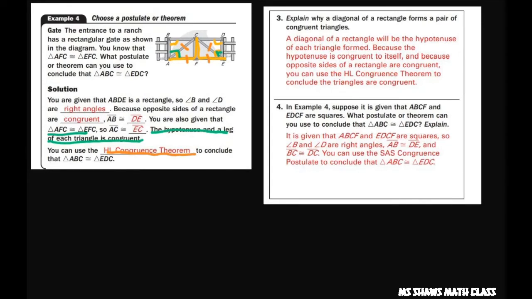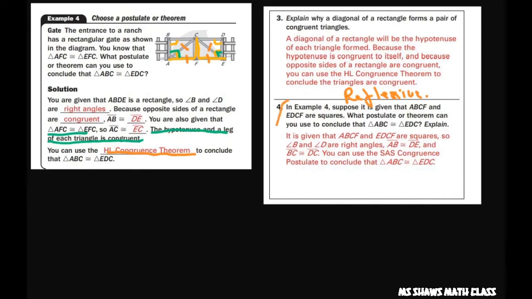Explain why the diagonal of a rectangle forms a pair of congruent triangles. The diagonal of a rectangle will be the hypotenuse of each triangle formed, because the hypotenuse is congruent to itself. That's kind of like the reflexive property. Because opposite sides of a rectangle are congruent, you use the HL congruence theorem to conclude that the triangles are congruent.